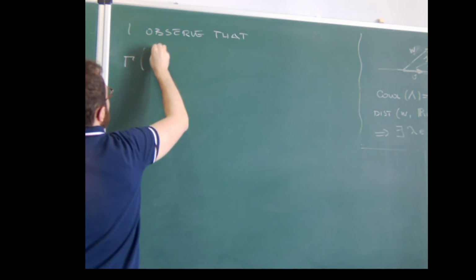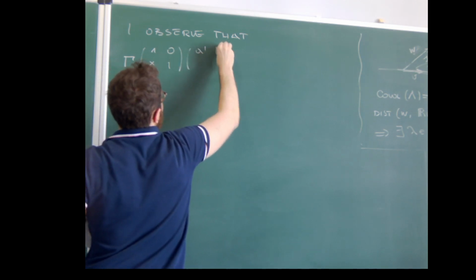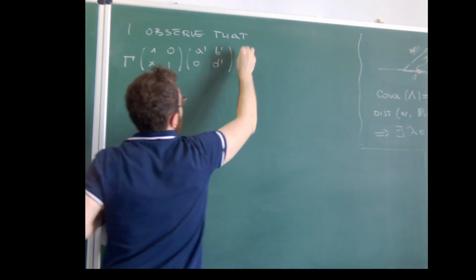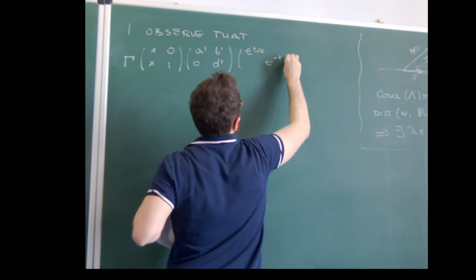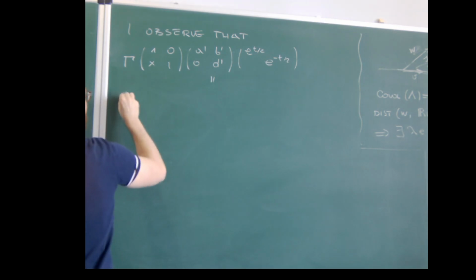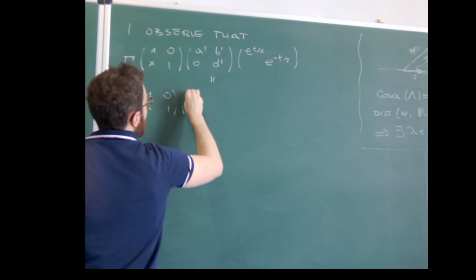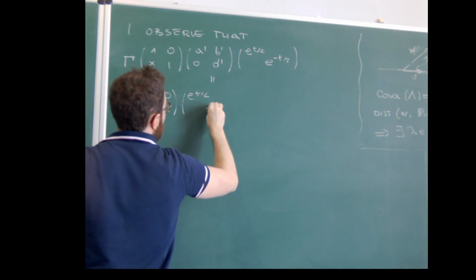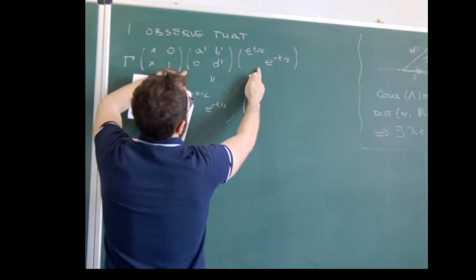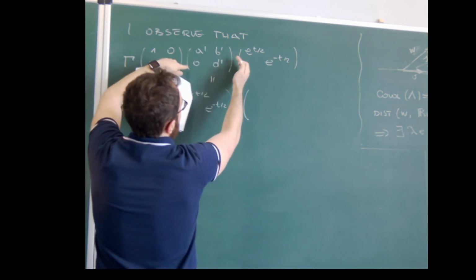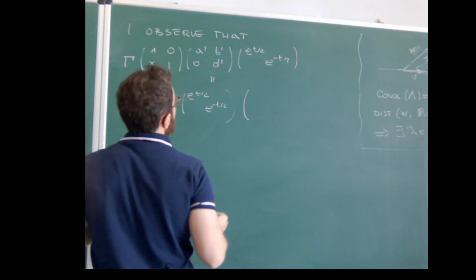gamma (1, 0; x, 1) (a', b'; 0, d') (e^{t/2}, e^{-t/2}) is also equal to gamma (1, 0; x, 1) (e^{t/2}, e^{-t/2}), and then here I have, so I brought this on the other side, so what's left here is the conjugation of this by this matrix here, right?